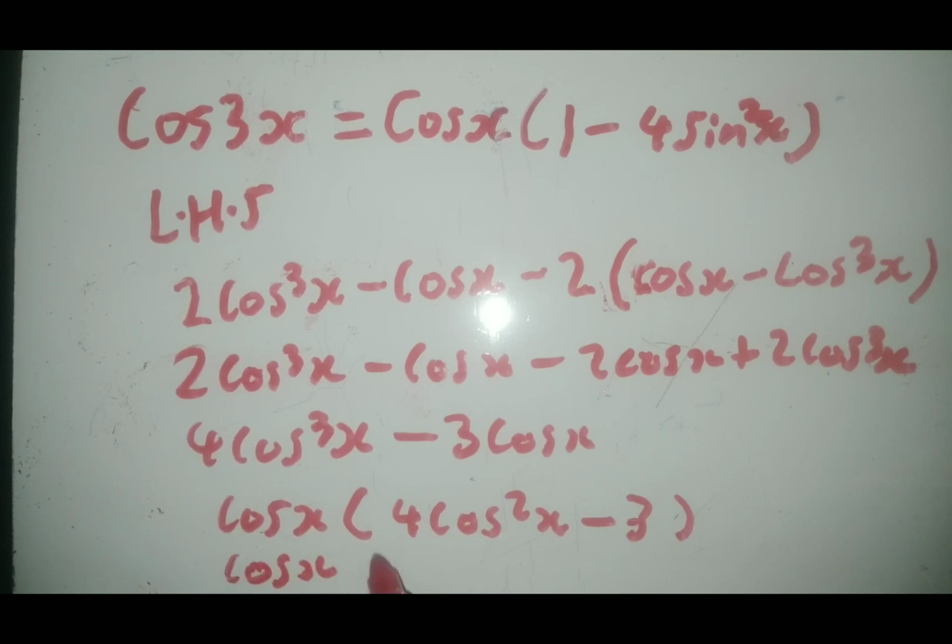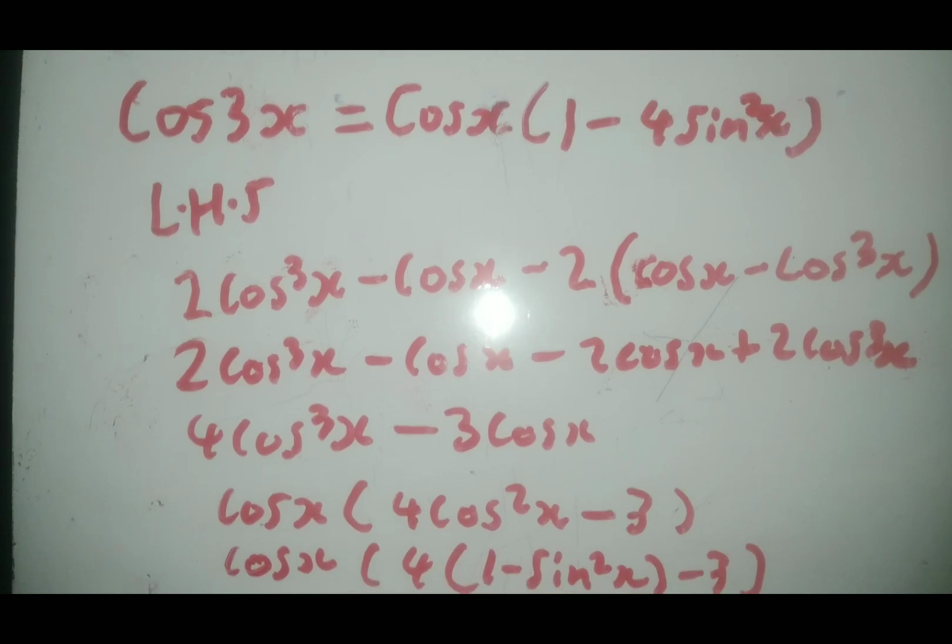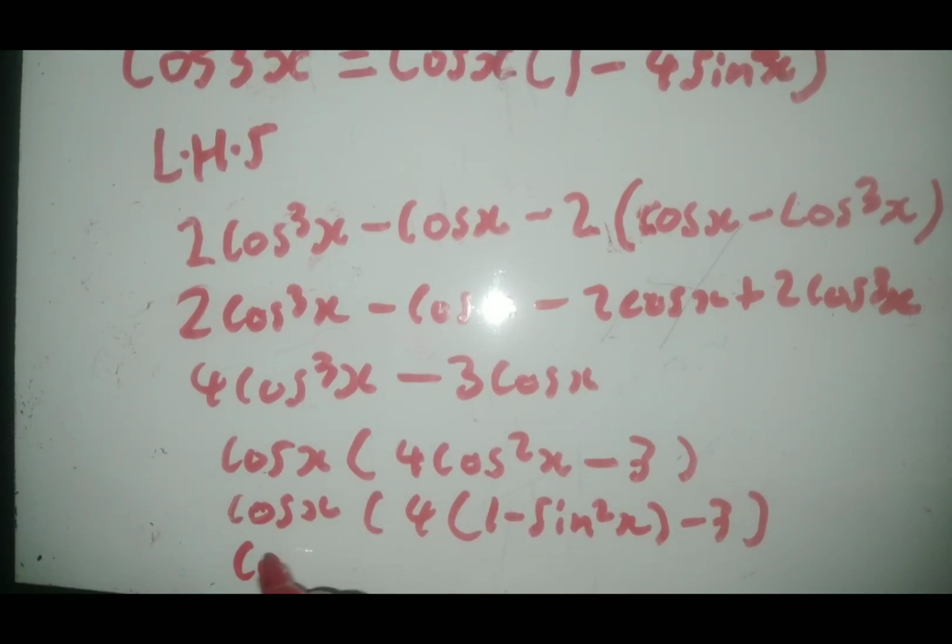Then this becomes 4, then 1 minus sine squared minus 3. And then this side, when we distribute, this is going to be cos x. Then this is going to be 4 minus 4 sine squared minus 3. So remember, whenever we expand one thing to become 2 or more, we have to put it in brackets so that we can distribute.